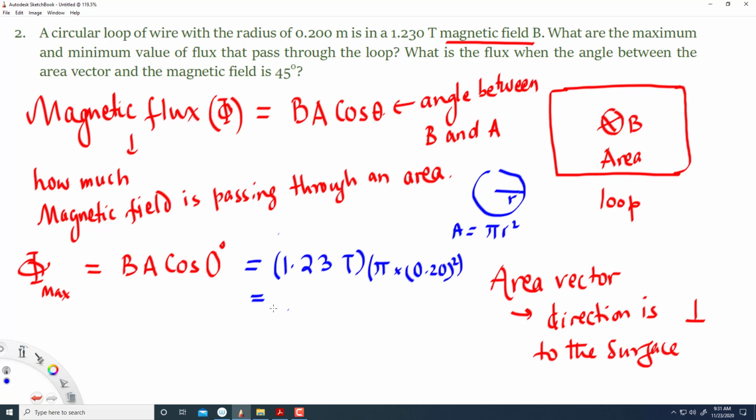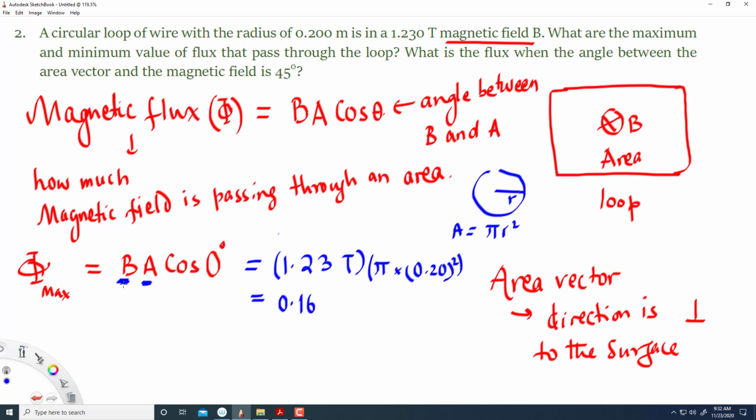Let's do the calculation. 0.16. So what's the unit of magnetic flux?